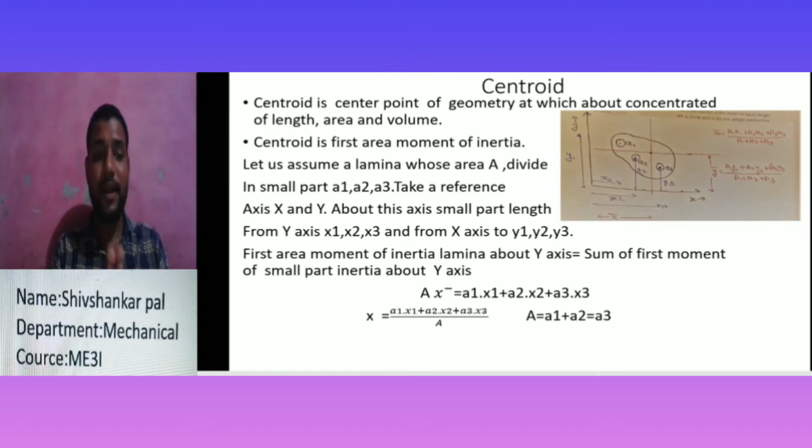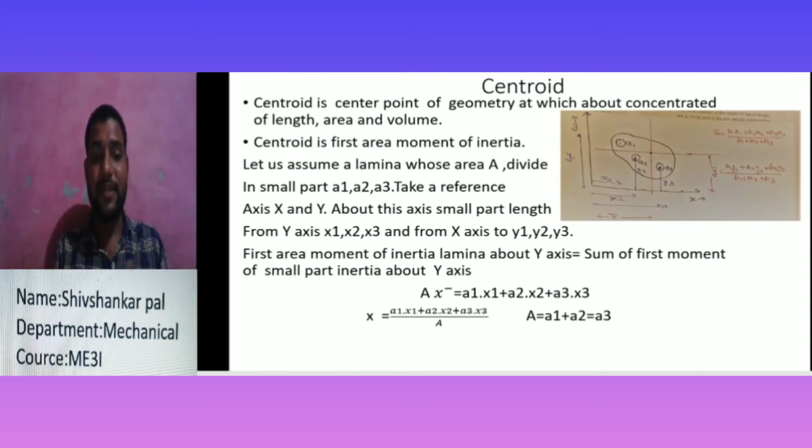The distances of the small parts from the y-axis are x1 for A1, x2 for A2 and x3 for A3. Suppose our centroid point lies at distance x bar, and from the x-axis the distances of A1, A2 and A3 are y1, y2 and y3.